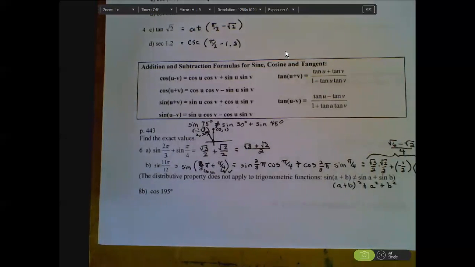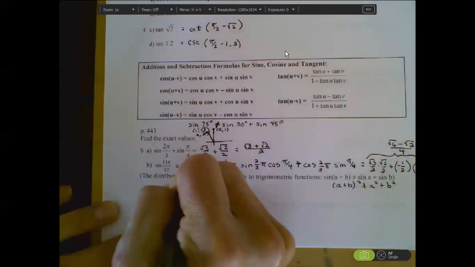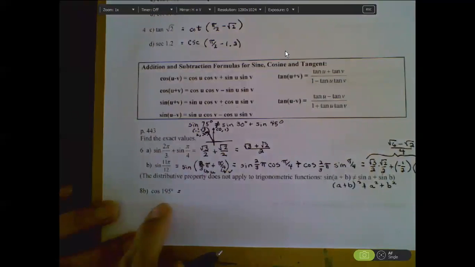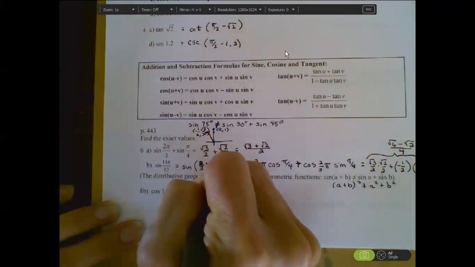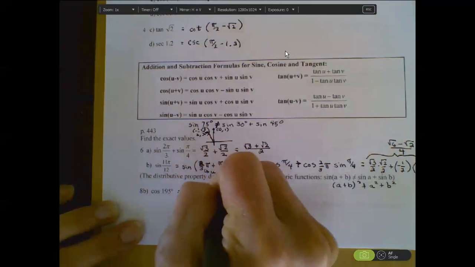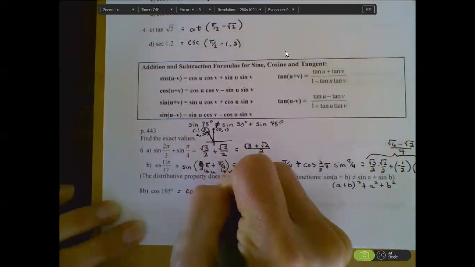Okay, so Kelsey, you and I, great minds think alike. That is not the only way that we could split the 195. It's just the first way that occurred to me and to Kelsey. So I'm going to go ahead and do that and say cosine of 195 degrees is cosine of 135 degrees plus 60 degrees.